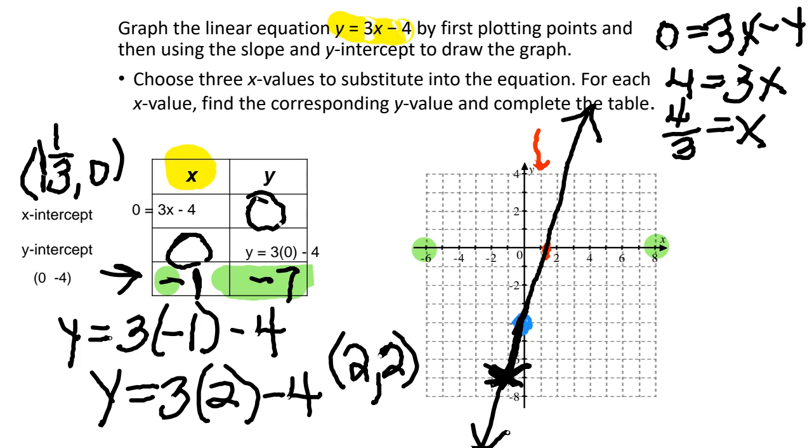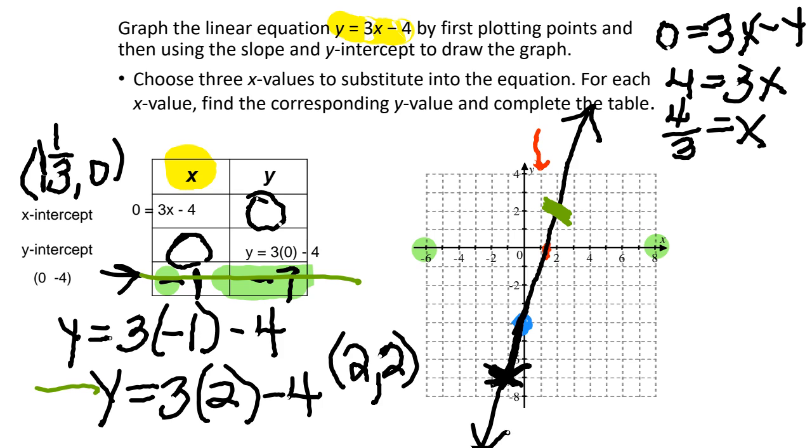Well, look where my (2, 2) will be. Right here. See my green little mark? (2, 2). I've got it. There's my line. You can pick more than one point. You want to make sure this line is drawn as straight as you can. Okay?